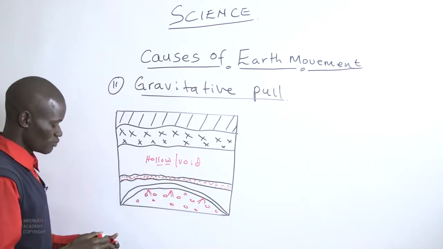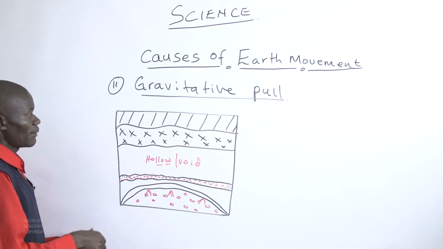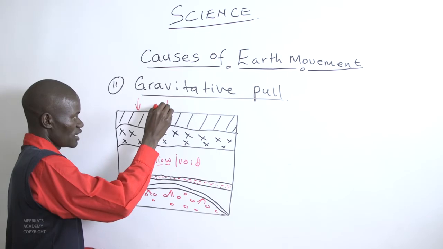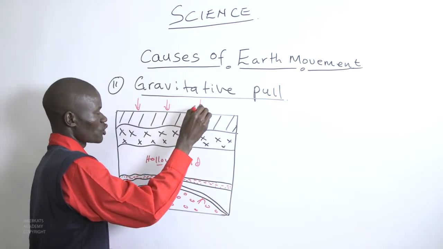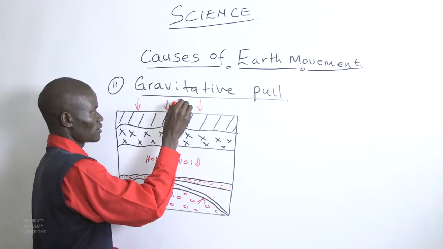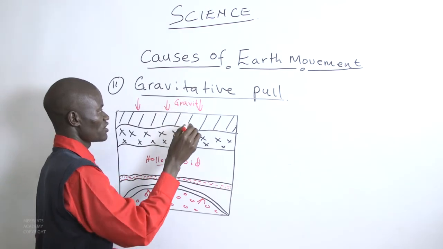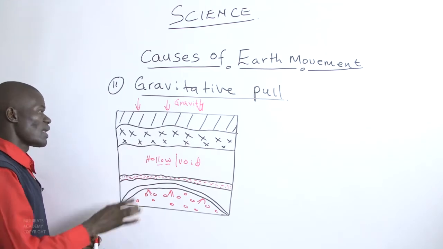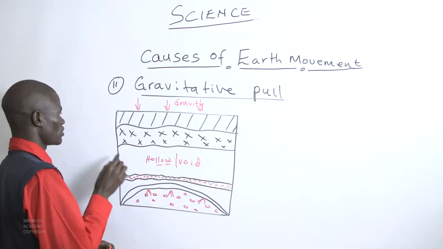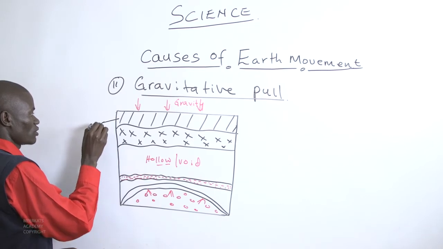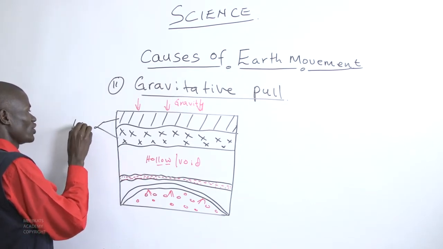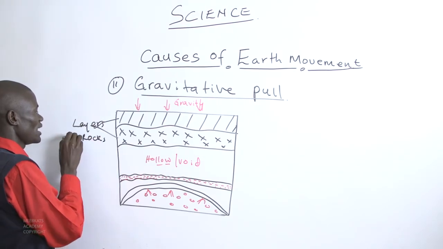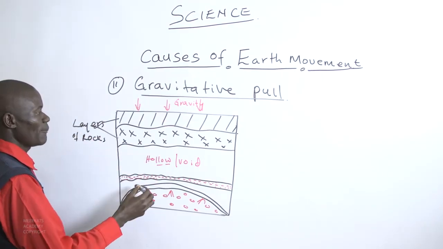When this void has been formed, what will happen? There is gravitational force trying to act on these layers. The gravity is working on the layers of the crustal rocks. If these layers of crustal rocks are not very stable, what will happen?